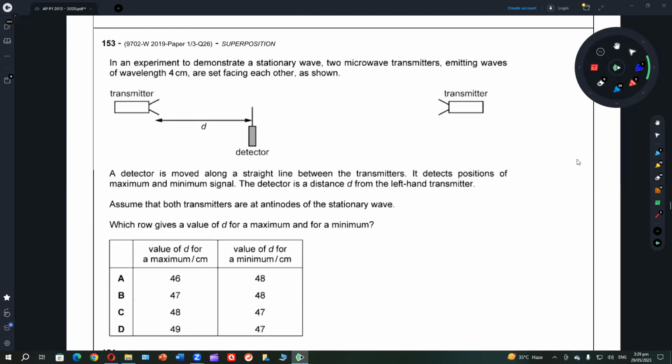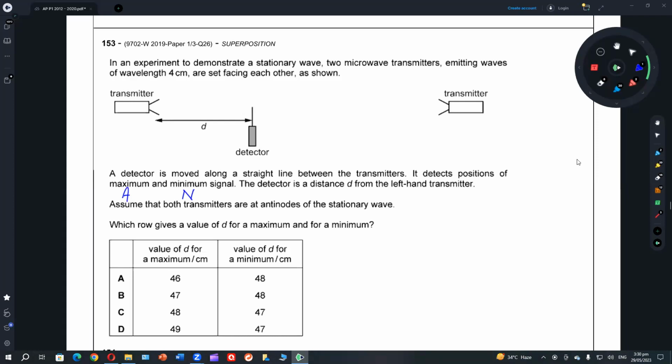In an experiment to demonstrate a stationary wave, two microwave transmitters emitting waves of wavelength 4 are set facing each other as shown. There is a detector. The detector is moved along a straight line between the transmitters. It detects positions of maximum, which means antinode, and minimum, node.